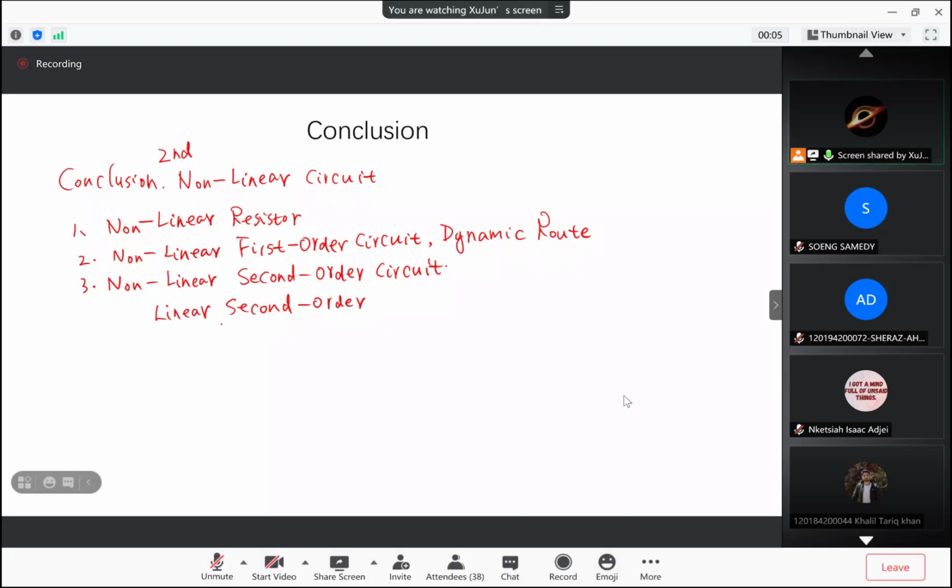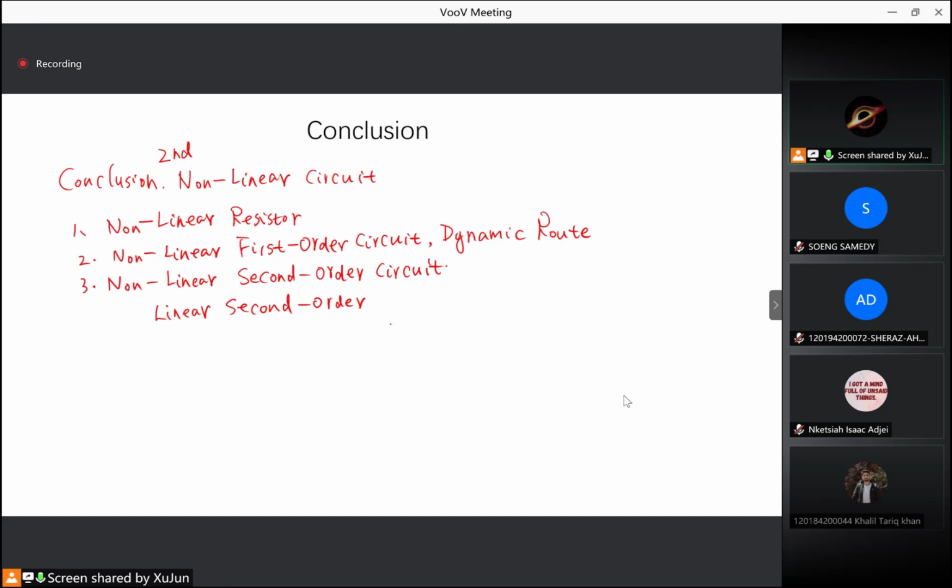And we discuss from the x dot equal to Ax plus Bu. We call this state function.